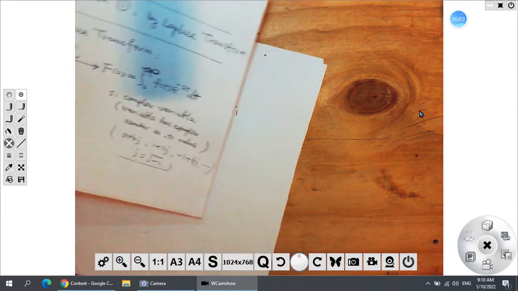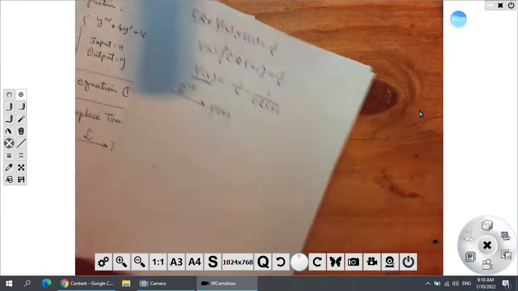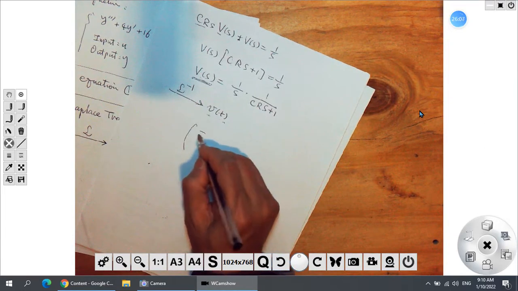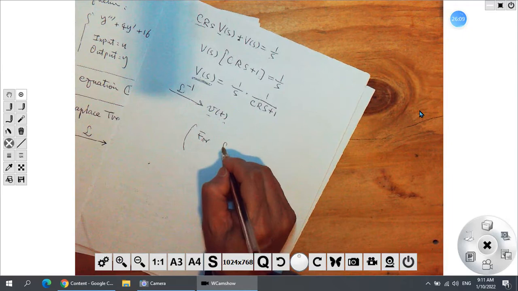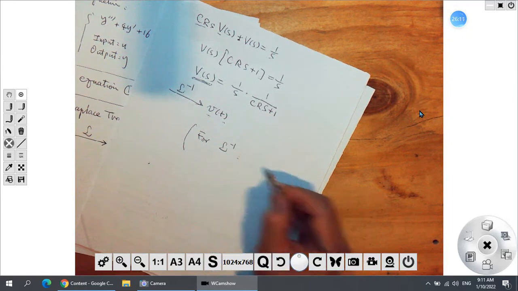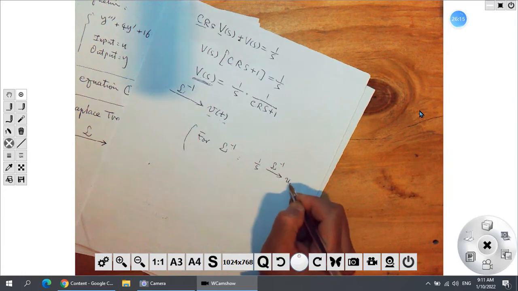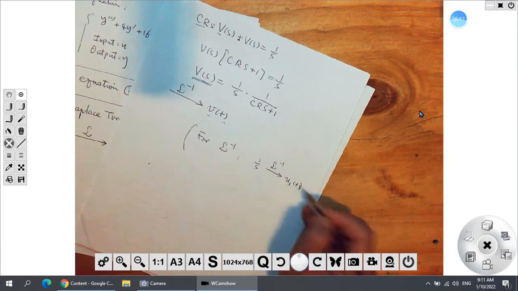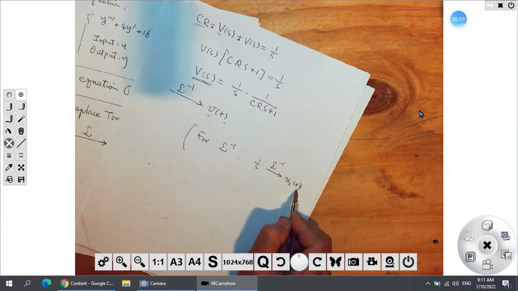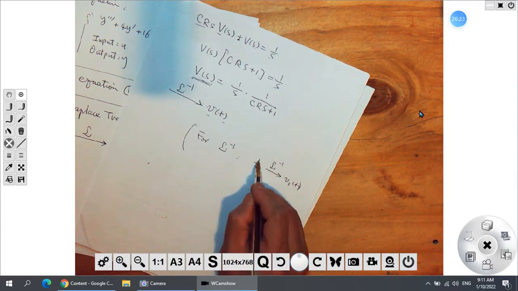For example, now we know for the inverse Laplace transform, 1 over s going back will be u of t. We just calculate, right? We start from u of t, we find the Laplace transform of u of t is 1 over s.